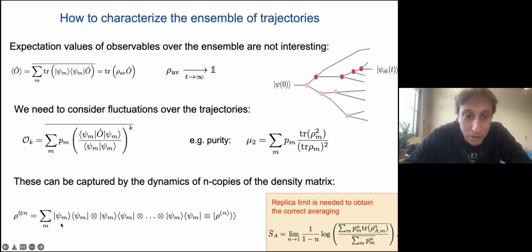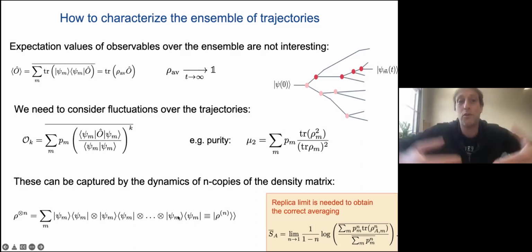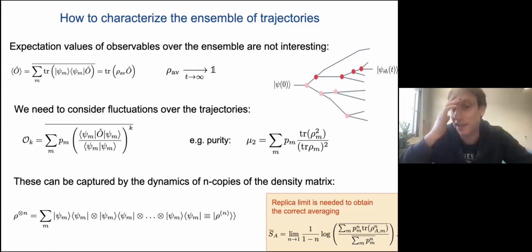What you see here is just the density matrix of a pure state, because as I told you, I can deal with pure states, multiplied n times. It looks trivial, right? But I'm going to look at the dynamics of that thing when I apply measurements and random unitaries.